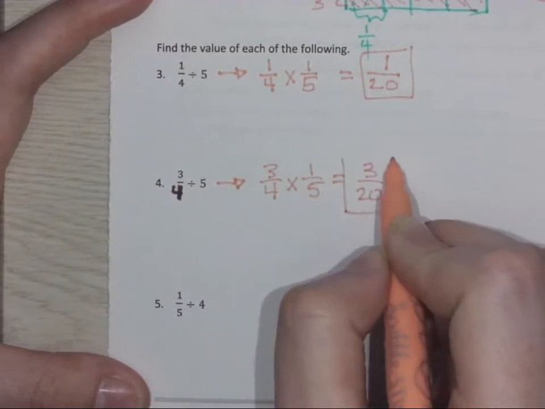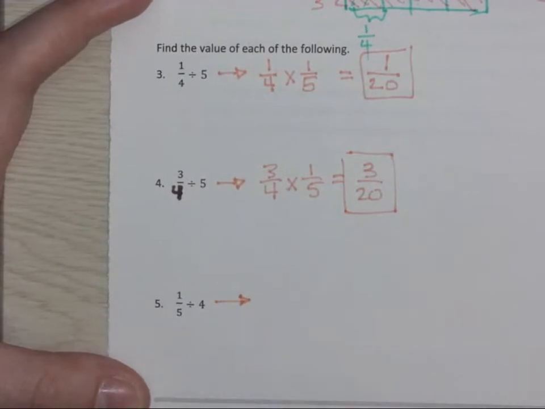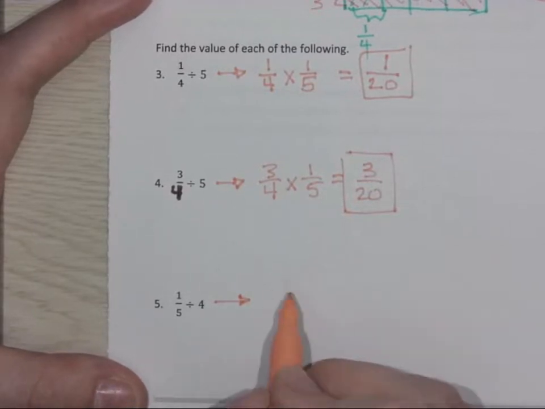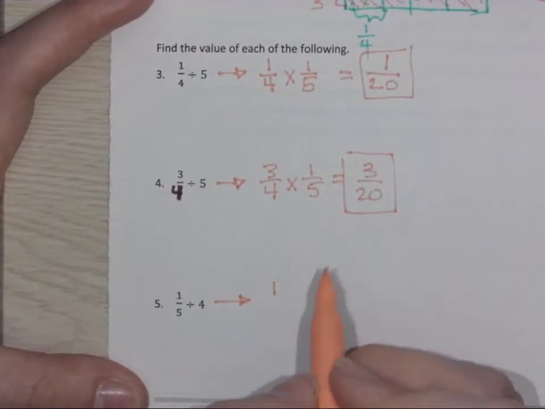Last one, 1/5 divided by 4. How do I write it as a multiplication problem? Amaya.